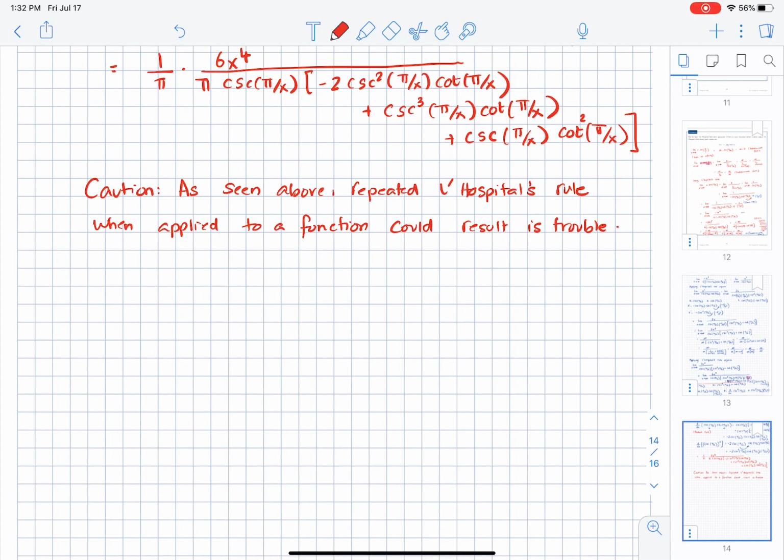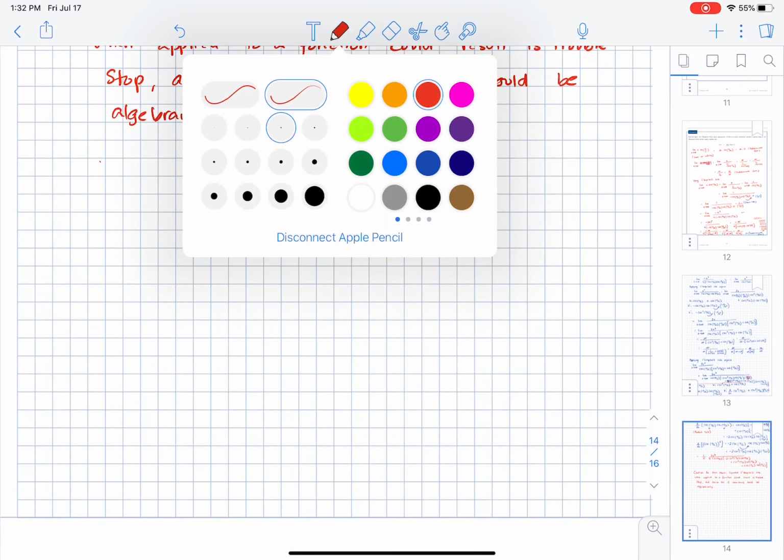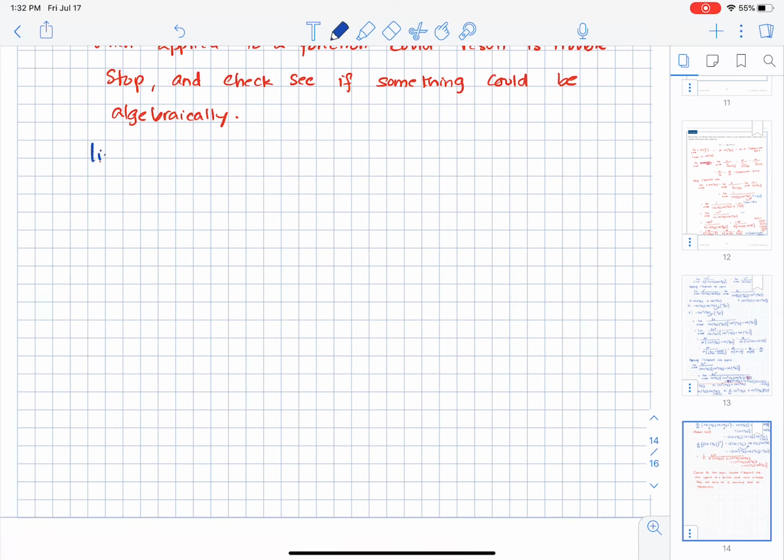Repeatedly applying L'Hopital's rule could result in trouble, so you have to stop and check to see if something could be done algebraically. Okay, so what do I mean by that? Let's go back to the original problem itself.